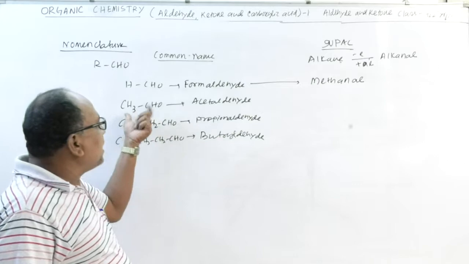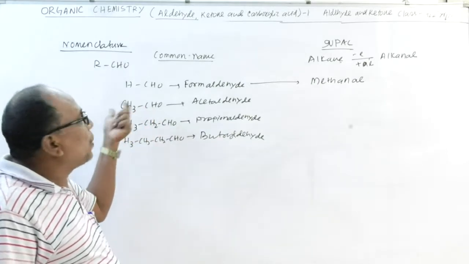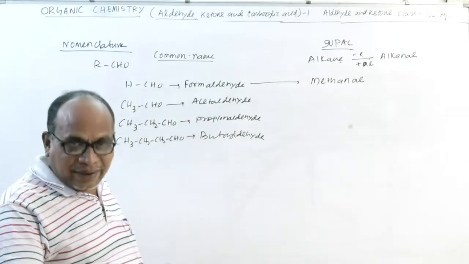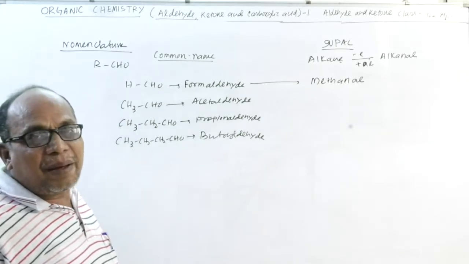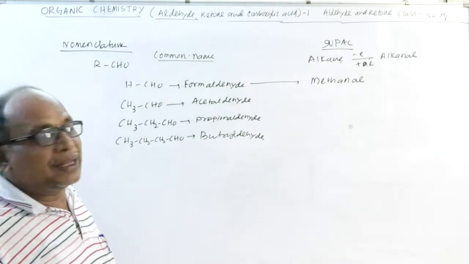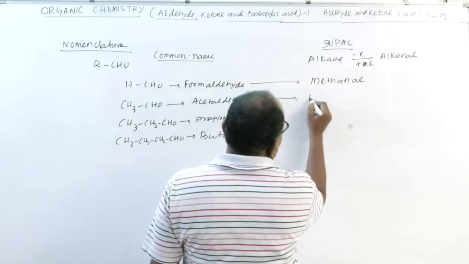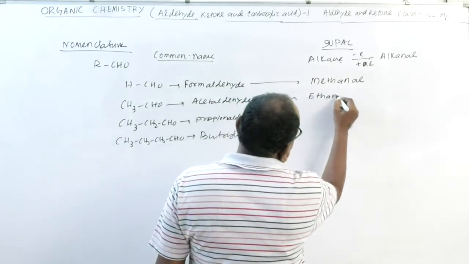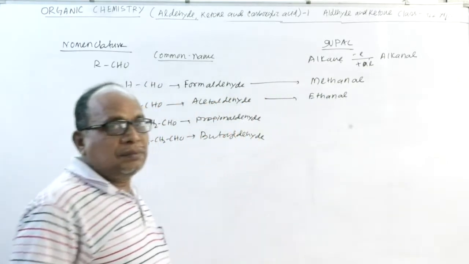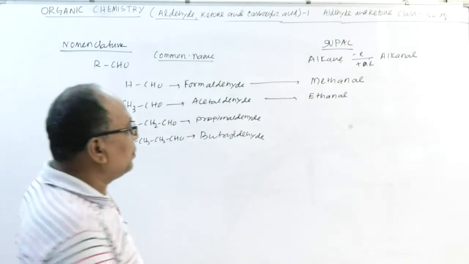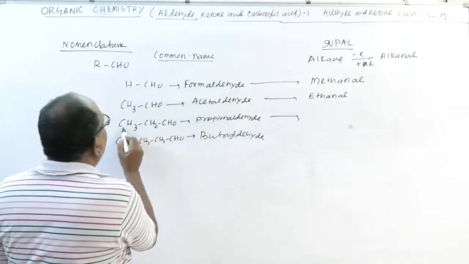What about acetaldehyde? You see acetaldehyde contains two carbon atoms. We can say ethane. From ethane, we remove E. That becomes ethanal. And what about this one? It contains three carbon atoms, 1, 2, 3.